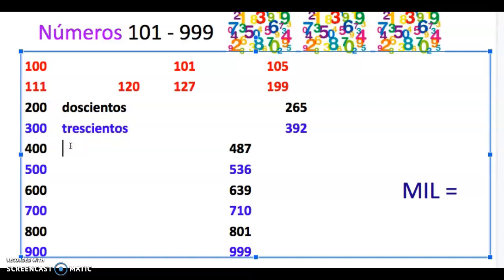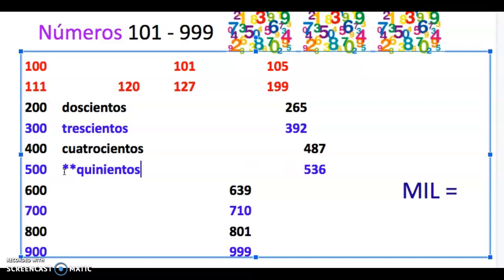So far, it's easy. 4 is cuatro, and then add your hundreds. 5 is the one that gives people trouble because 5 doesn't sound like cinco. This sounds more like quince. Qui, ni, en, tos. Quinientos is 500.